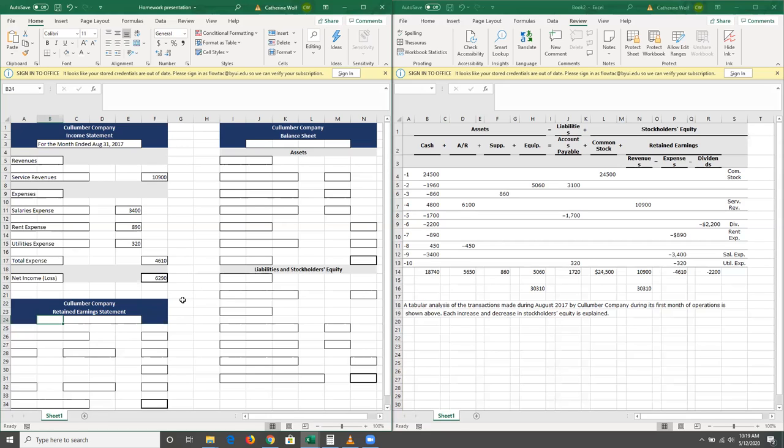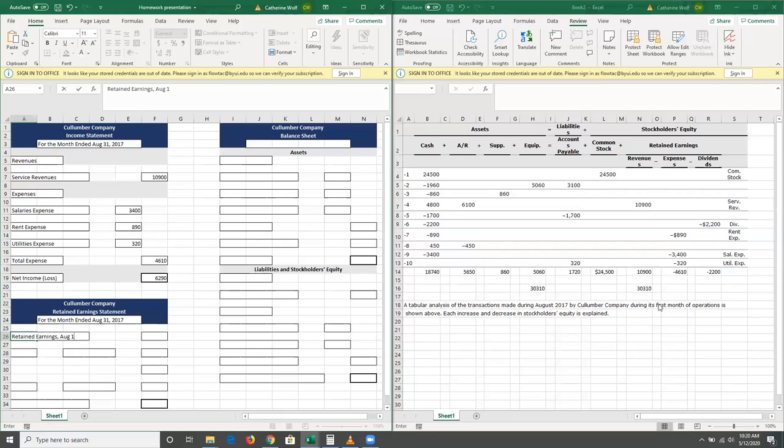The next thing you're going to do is go to the retained earnings statement, and that is going to, again, be for the month ended August 31st, 2017. The first thing you're going to do is put retained earnings from August 1st. Now, if you remember, this is a brand new company.